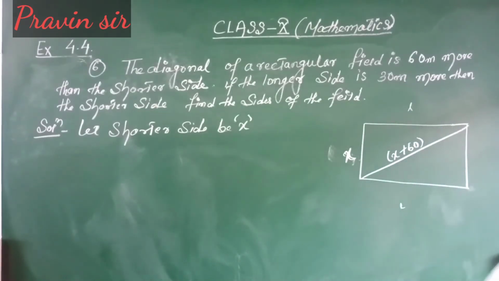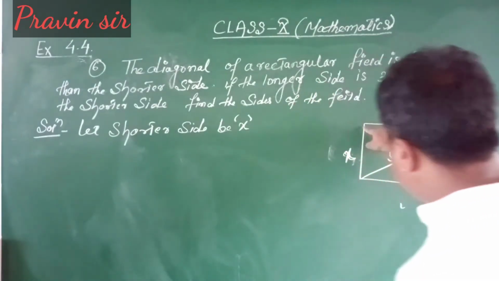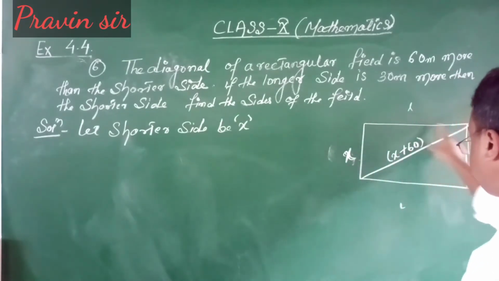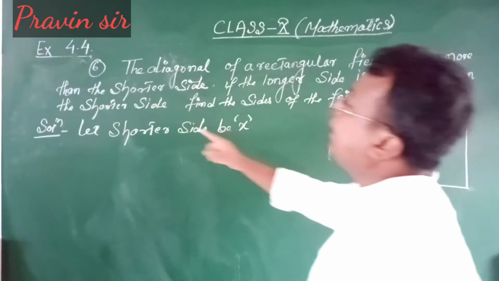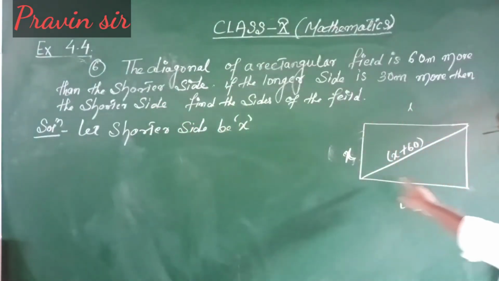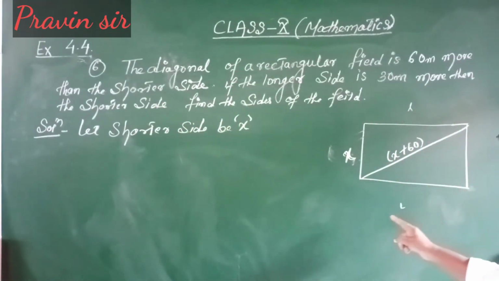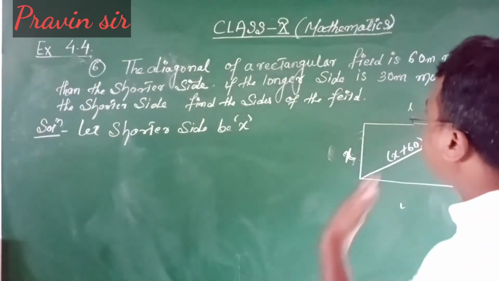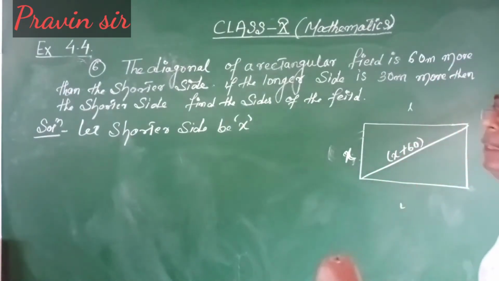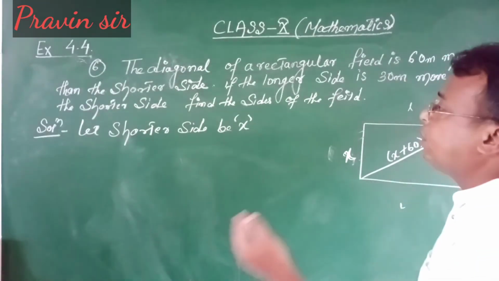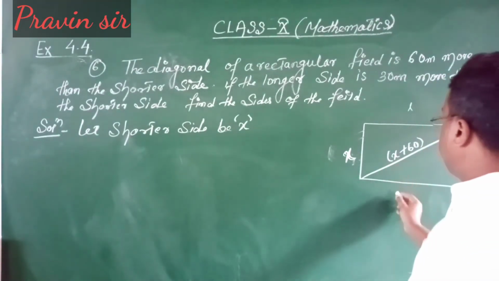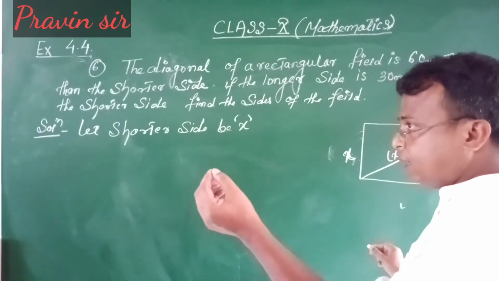Okay. Now, the shorter side I suppose is breadth, and this is length. If the longer side is 30 meter more than the shorter side, now the length will be the longer side. So for the longer side it is given that it is 30 meter more than the shorter side. What is the shorter side? x.